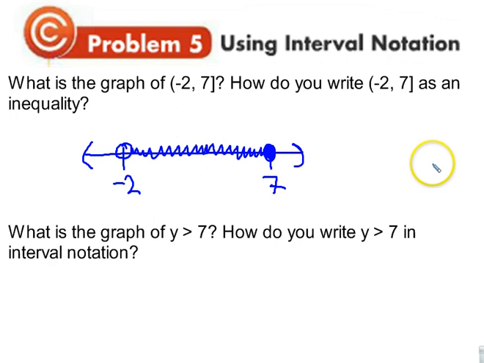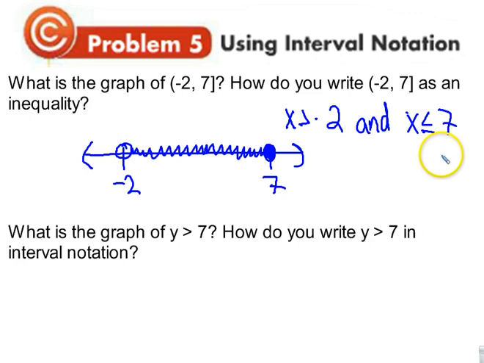Okay. So does that look like an and or an or? It's an and. So we write it by saying x is greater than -2 and x is less than or equal to 7. Okay? Also, if we wanted to, we could write it this way. X is less than or equal to 7 and greater than -2. Okay.